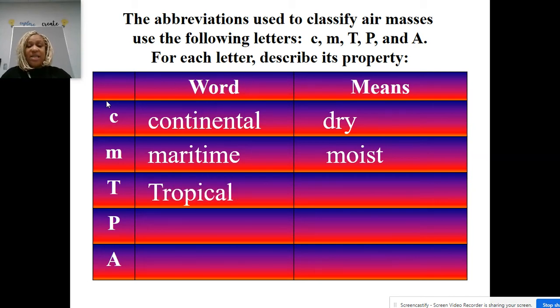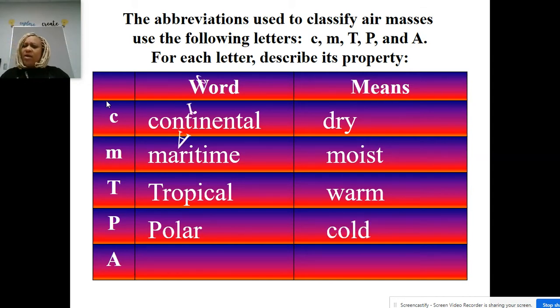Then you have T for tropical. Tropical is warm. You have P for polar. When you think of polar, what comes to mind? Cold, right? So if A is Arctic, we know polar is cold. What would Arctic be? Very cold, right? Okay.